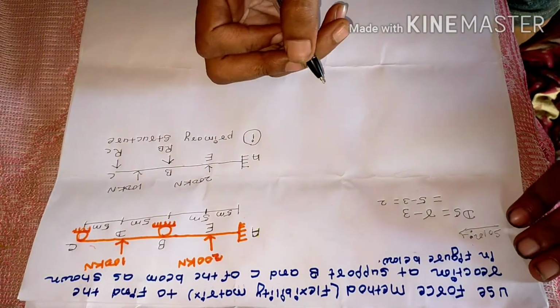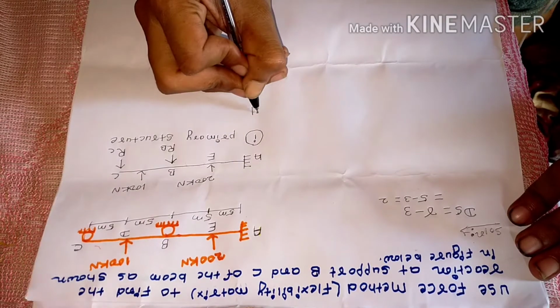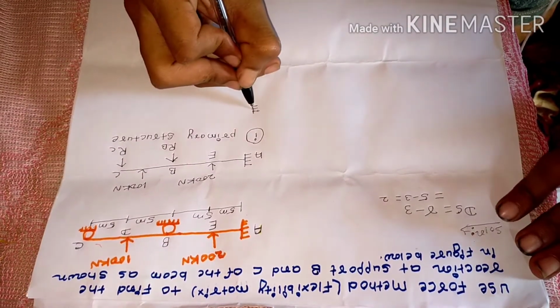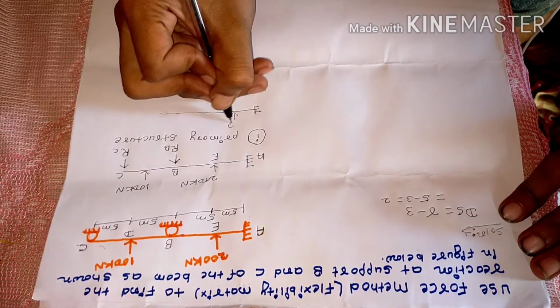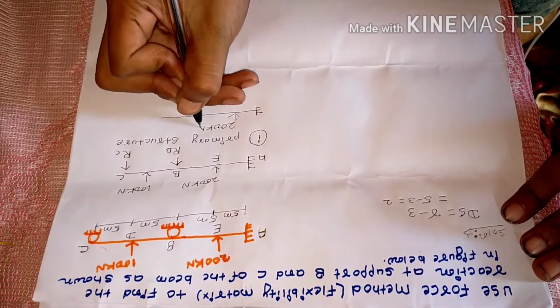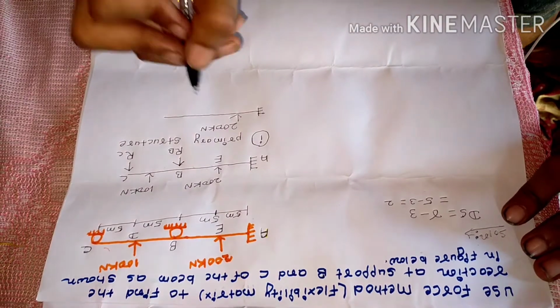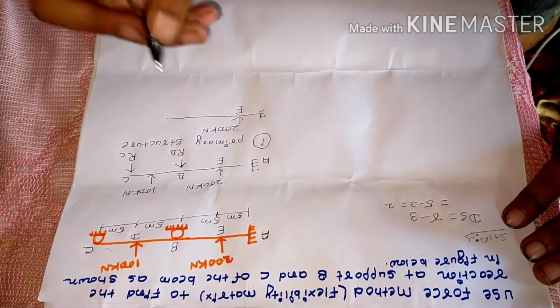According to the force method, we have to remove the redundant at first, and this system is known as the M system.